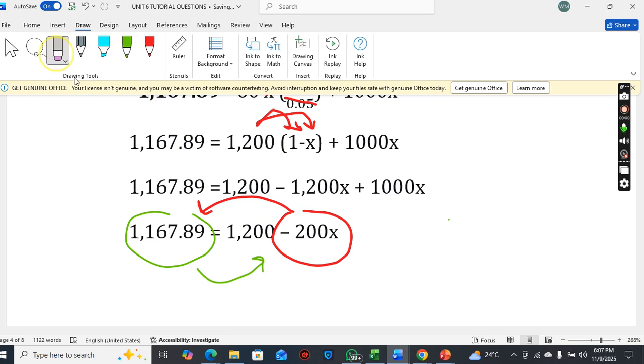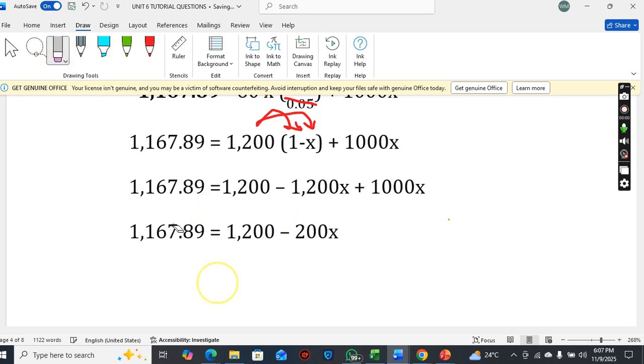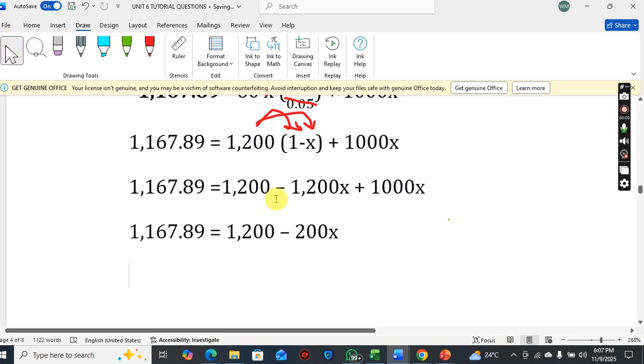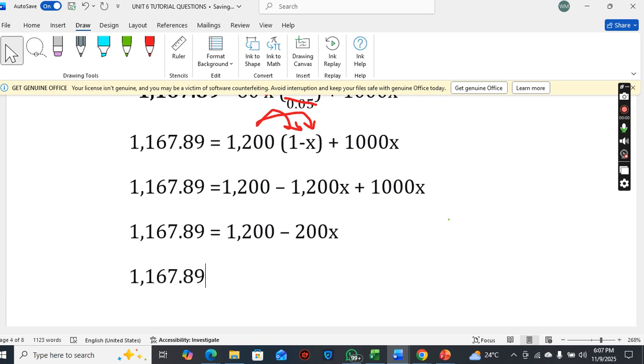Actually, let's make even life easy. Instead of jumbling the numbers up, let's take the 1200 over the other side so that we make life easy. So 1167.89 minus 1200 equals negative 200x.